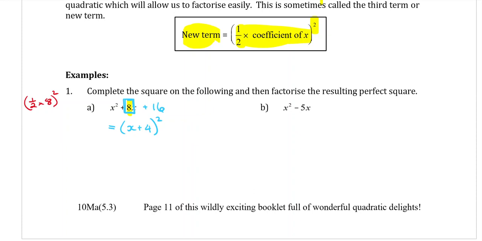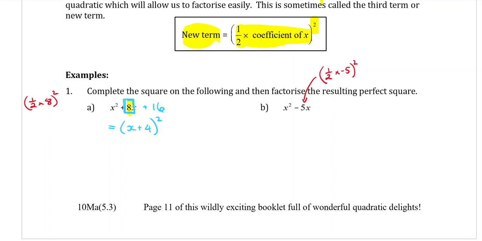In part B, x squared minus 5x, we need to find the missing number. So our formula for the new term said that I need to take that minus 5, I need to halve it, so half of minus 5, and then I need to square it. The problem is that this is going to give a fraction.